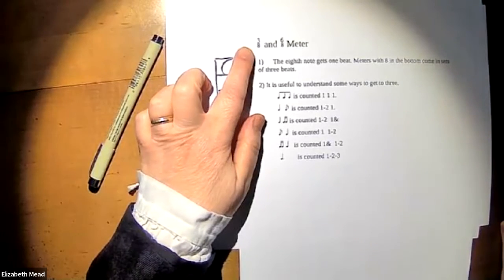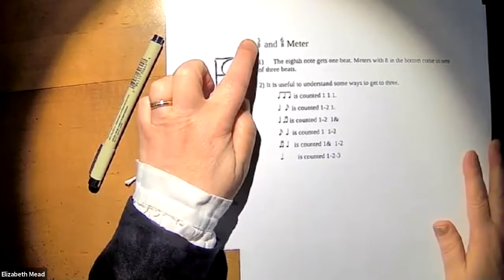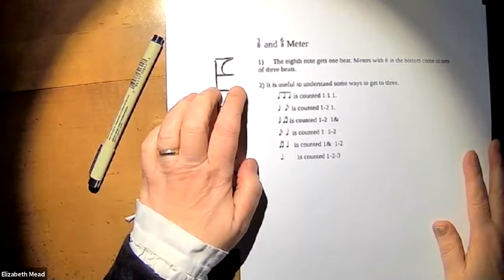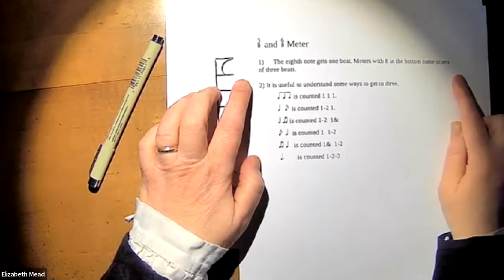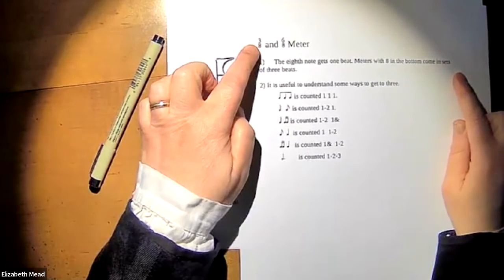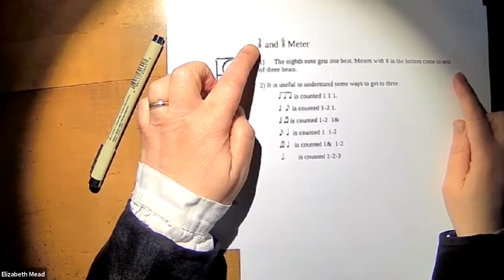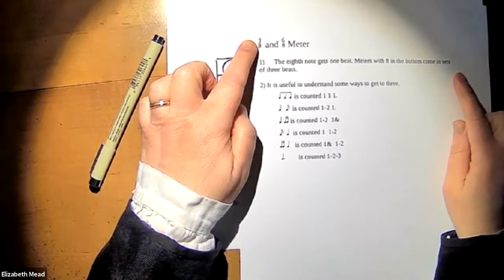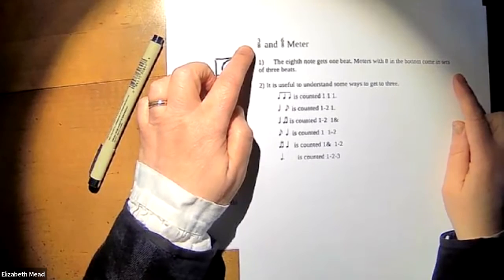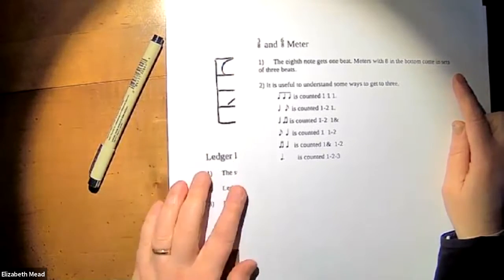And so 3/8 and 6/8. Meters with 8 in the bottom almost always come in sets of 3. So we have 3/8 and 6/8 and sometimes even 9/8 and 12/8.